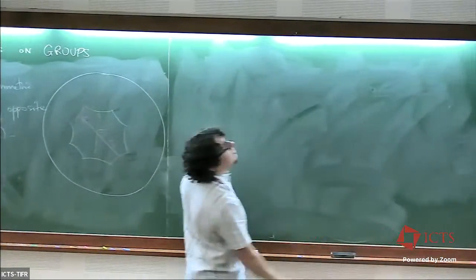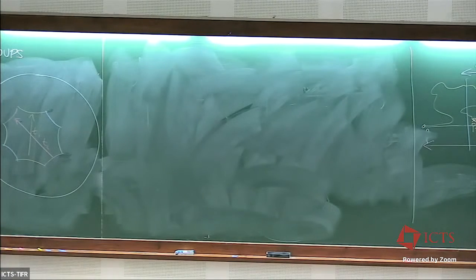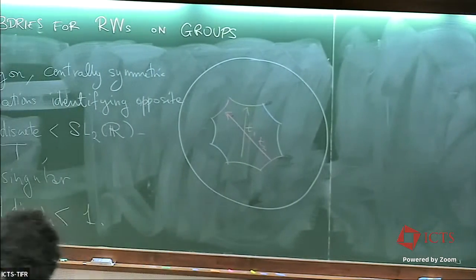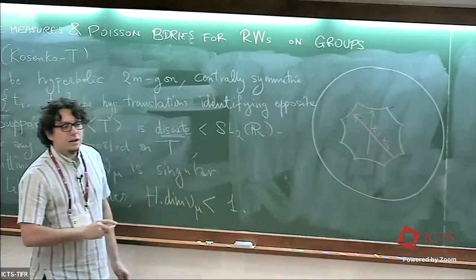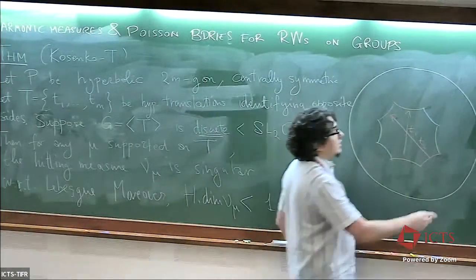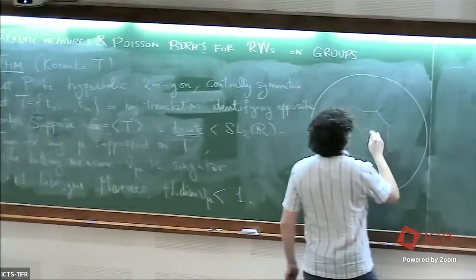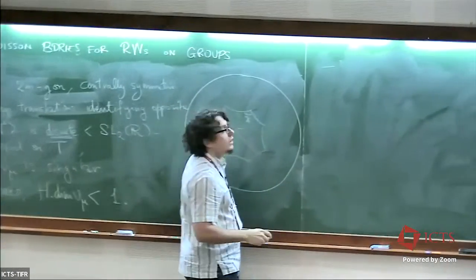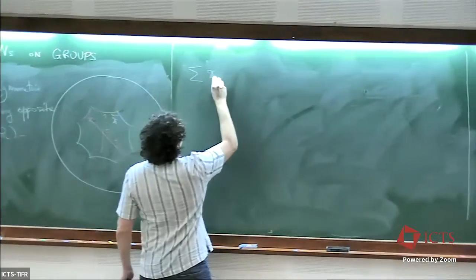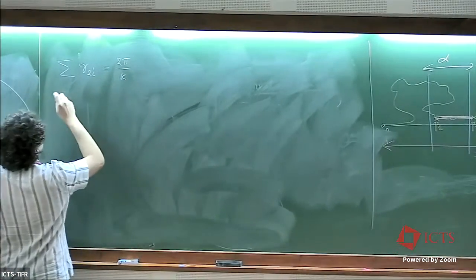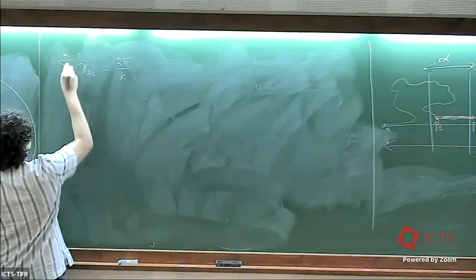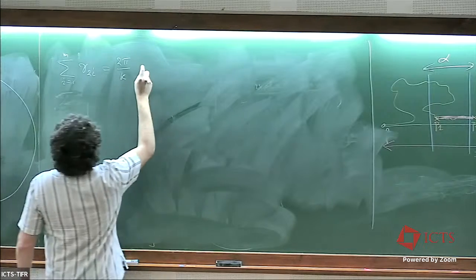Are there any questions about the statement? Right, so the assumption about the angles is hidden in here. It's actually pretty easy. If you call these angles gamma i, the sum of the gamma i, the even ones, is 2 pi over k, and also the odd ones.